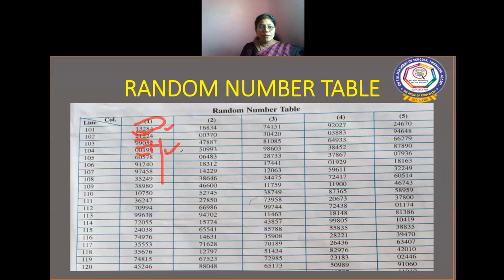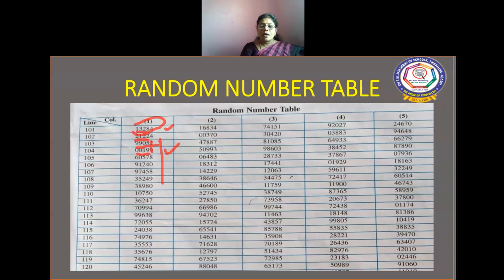So in the way we are going to select 200 samples until we get 200 samples. In the same manner we are going to select. After completing the first column, we are going to move to second column, then third column, and so on. So once we finish a column, we have to move to other column.